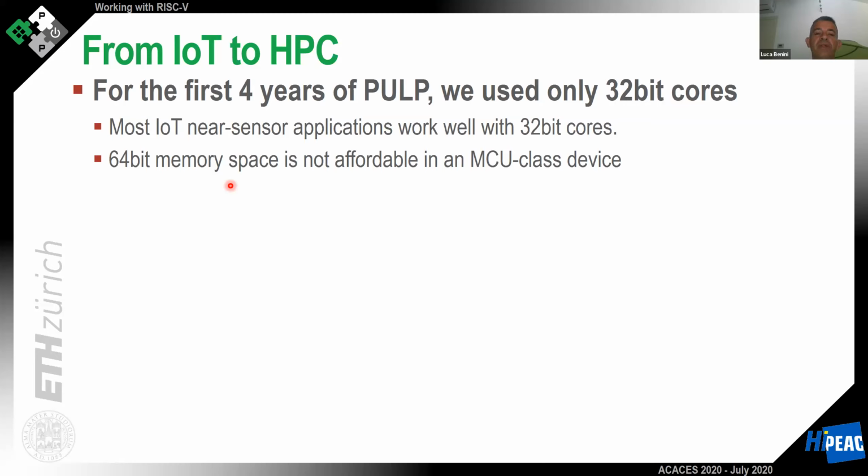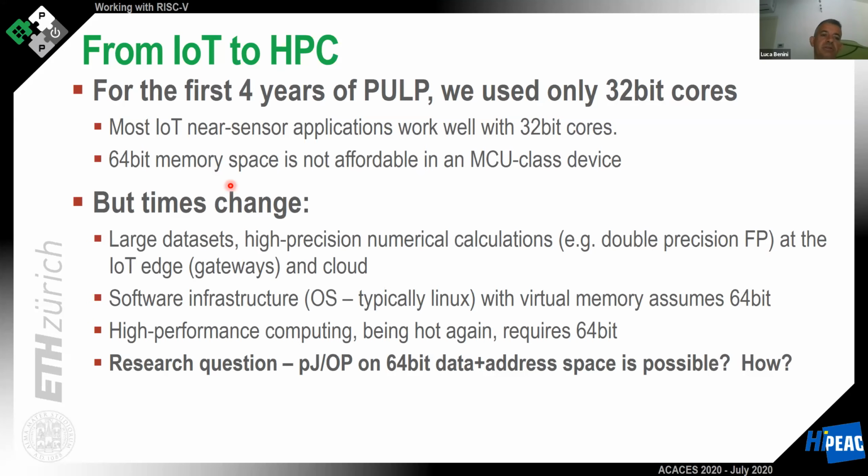The driver for that, what convinced me that I was wrong, is that it's true that most IoT near-sensor applications need 32-bit cores, and it's also not affordable to put a 64-bit memory space in a small microcontroller, but fundamentally times are changing. So there are more and more large data sets, even in IoT applications, for which 32 bits start to be small.